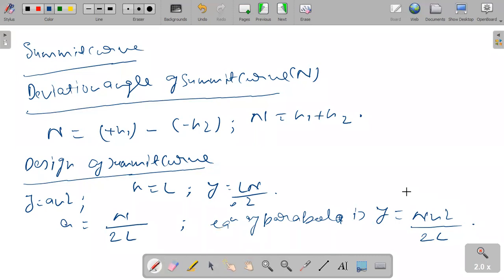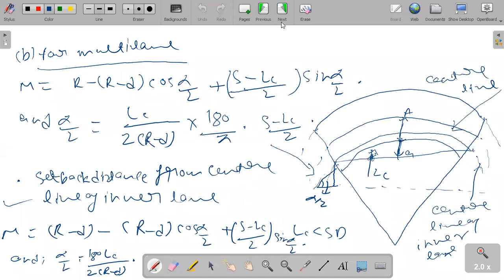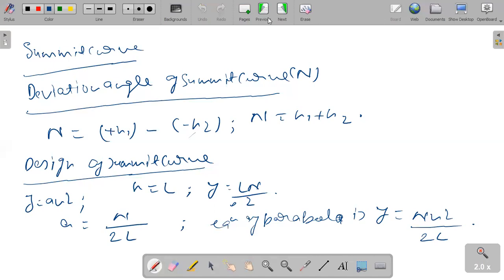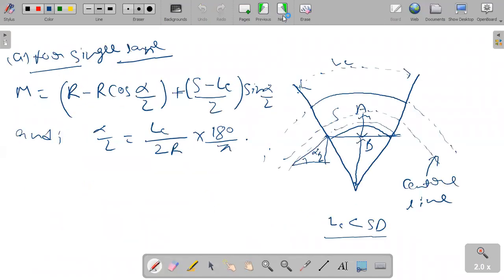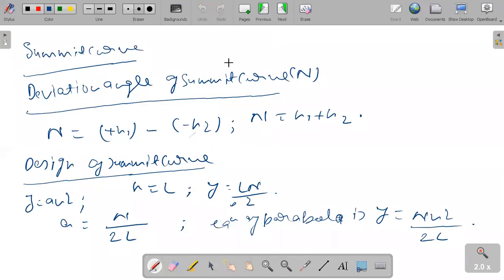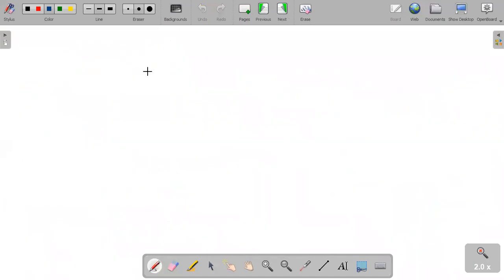Let's move forward to the radius of curvature of summit curve.